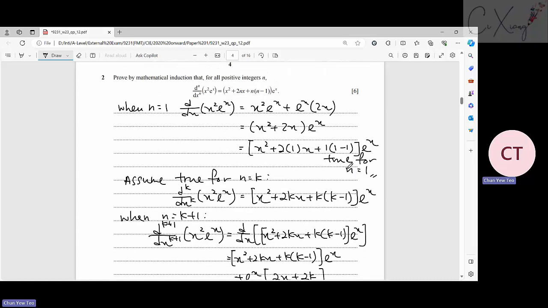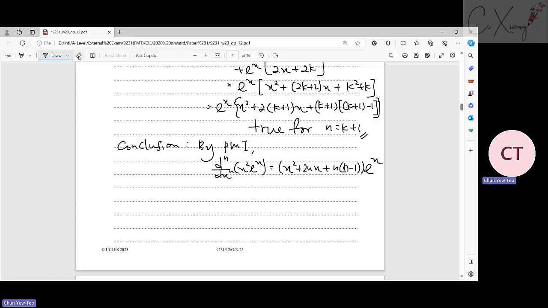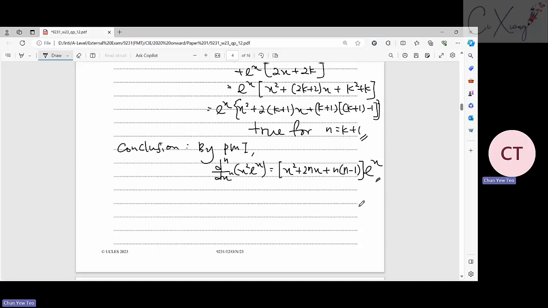Just show that this relationship is true. But we need to make sure that it will not be confusing, so just put a bracket with a different kind of shape. So this one is the n. This is the n. Done. So complete.